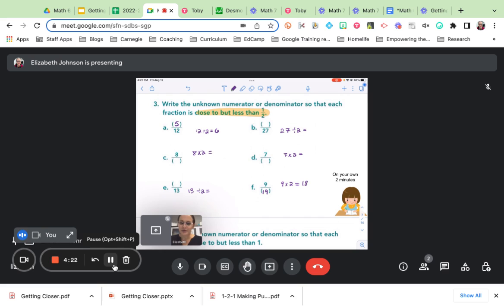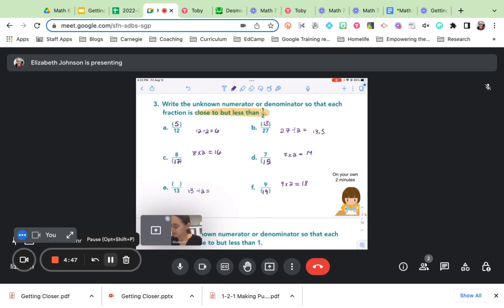You've hit play, so you must be ready to talk about these activities. Well, let's see. 27 divided by 2. 13.5. So a numerator of 13 would give me a fraction that's a little less than 1/2. 8 times 2 is 16. So if I put 17 in the bottom, my numerator will be slightly less than 1/2 of my denominator. 7 times 2 is 14.